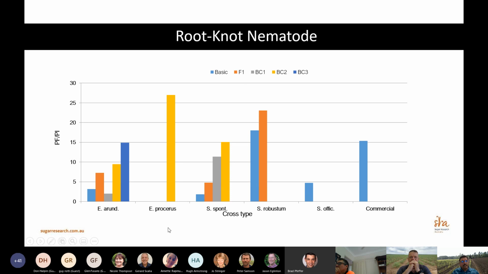Even though Saccharum spontaneum and Erianthus have more susceptible progeny in the advanced population, some clones from this advanced population still showed resistance to root knot and root lesion nematodes.